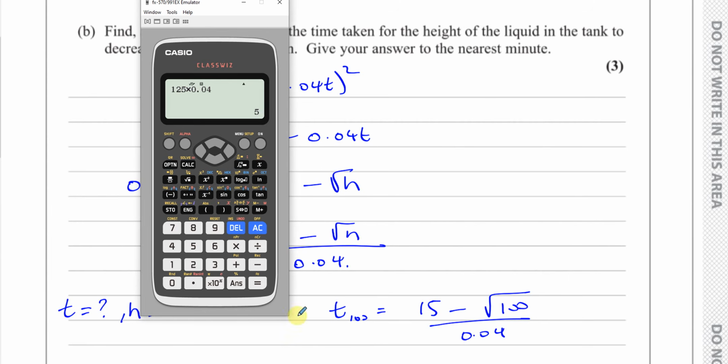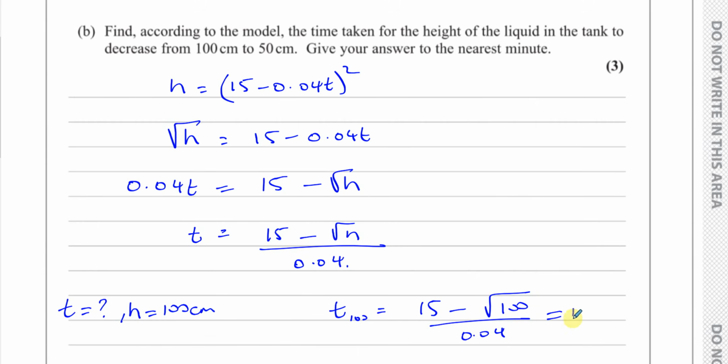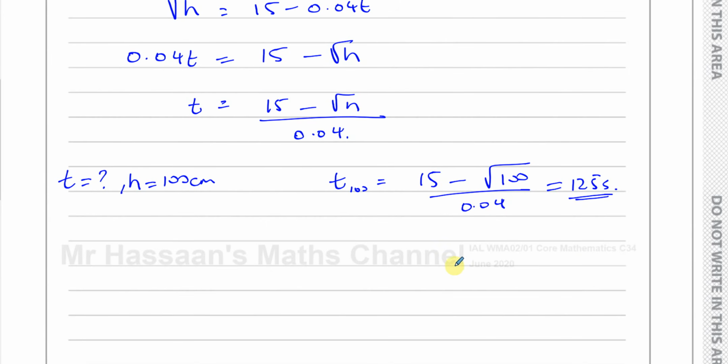So that gives us 15 minus 10 divided by 0.04. Square root of 100 is 10, of course. That gives us 125 seconds. Okay, that's 125 seconds for it to reach 100 centimeters.